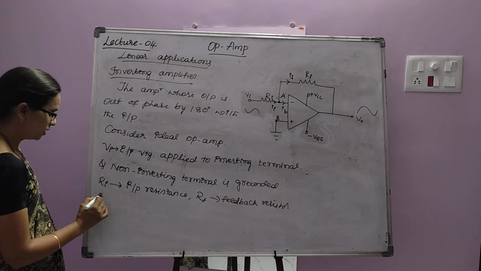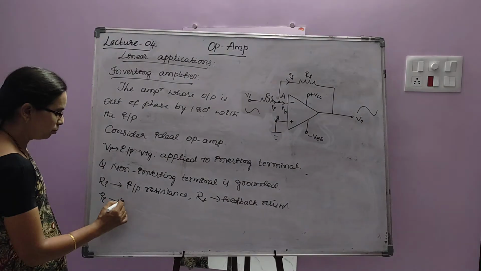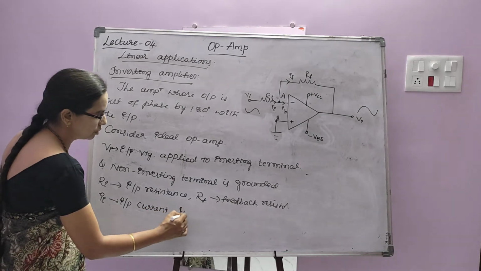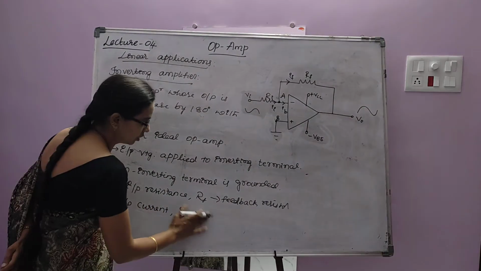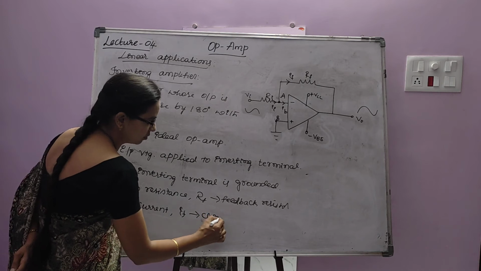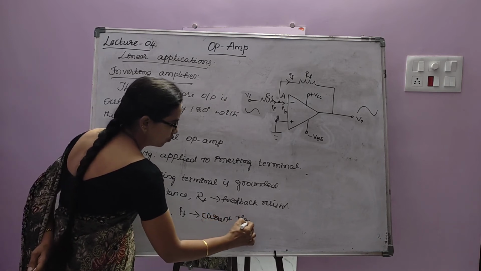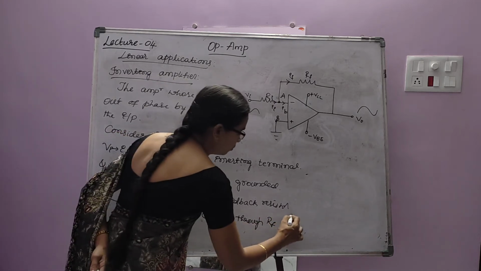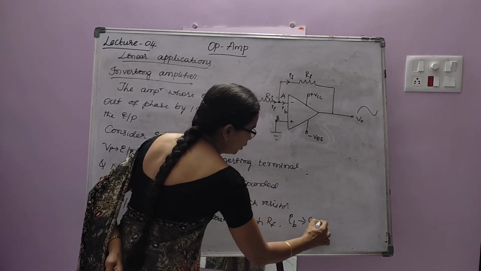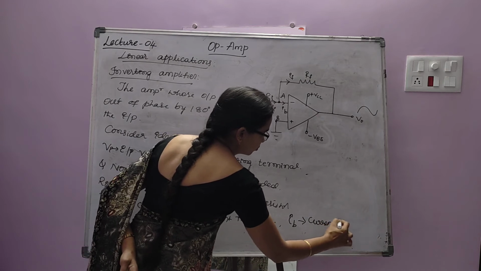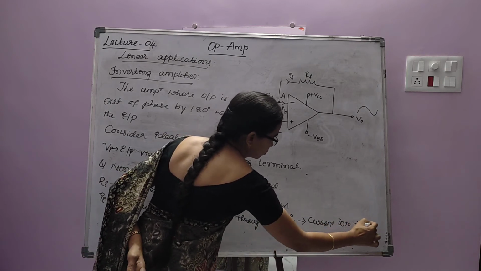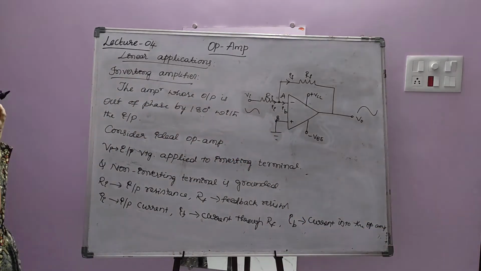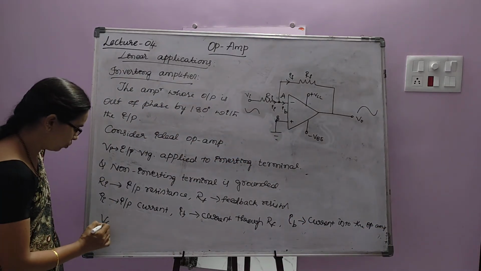Ii is the input current. If is the feedback current flowing through the feedback resistor RF, and Ib is the current into the op-amp. V0 is the output voltage.